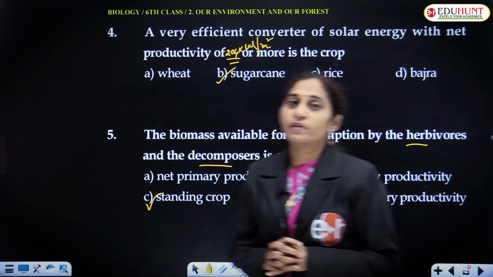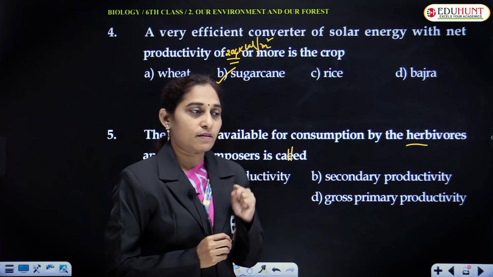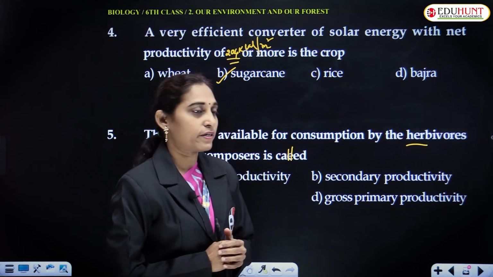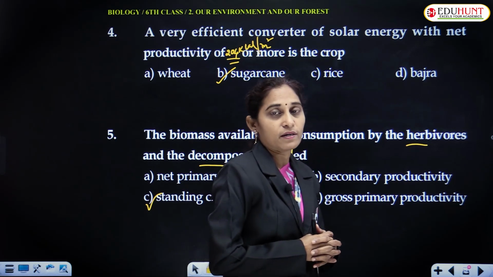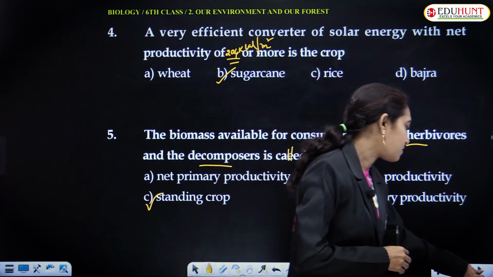Even which ecosystem can trap more energy and produce more primary productivity, that is tropical rainforest. Like that we have answered.